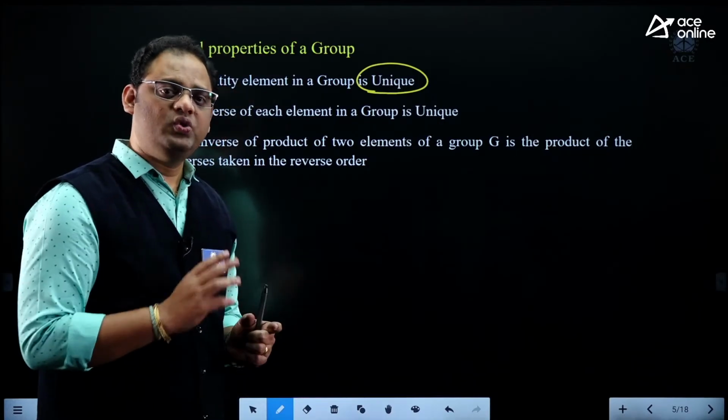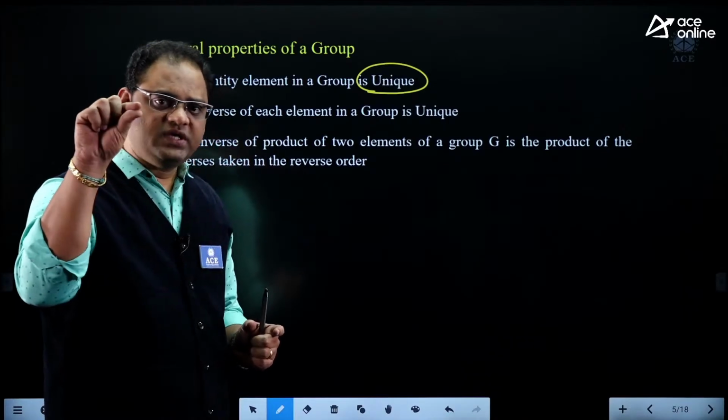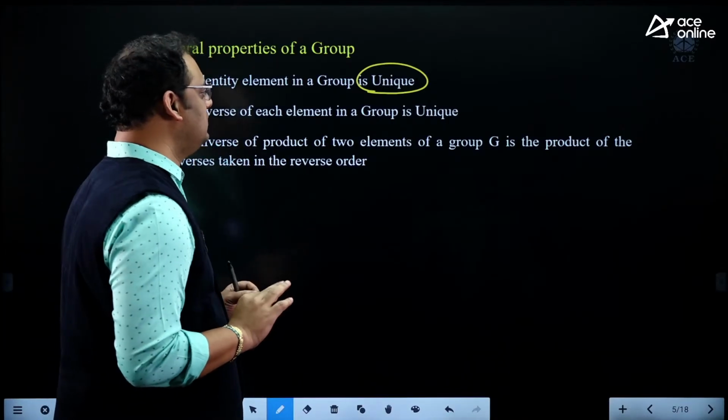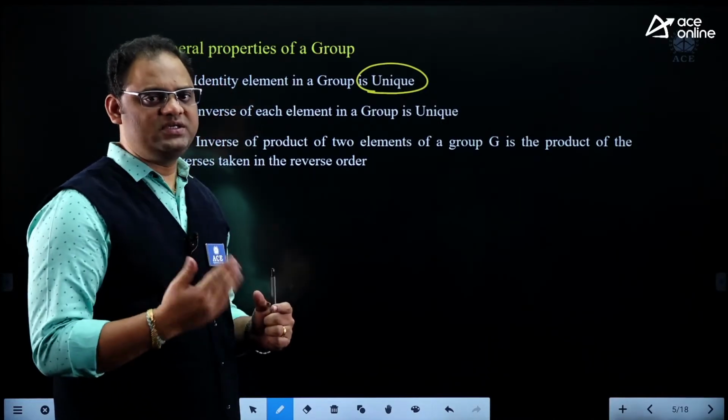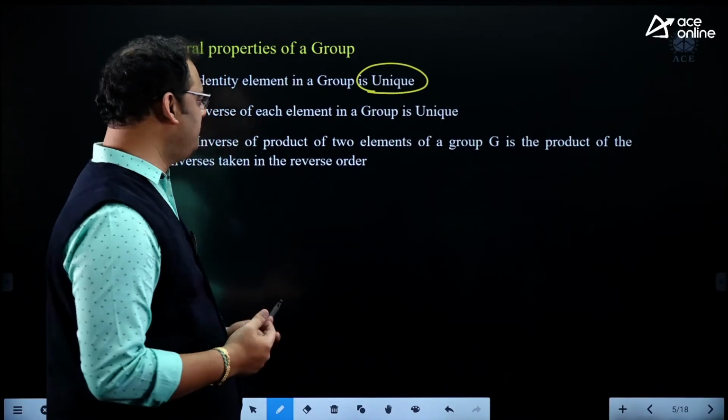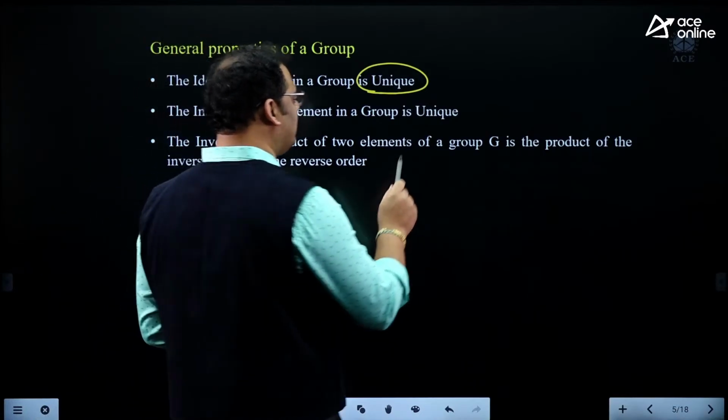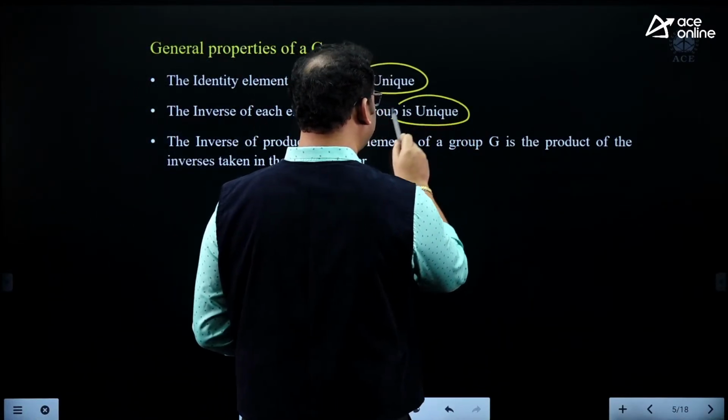Two different elements A and B cannot have the same inverse. The inverse of A is some X, and the inverse of B cannot be X; it is something different.